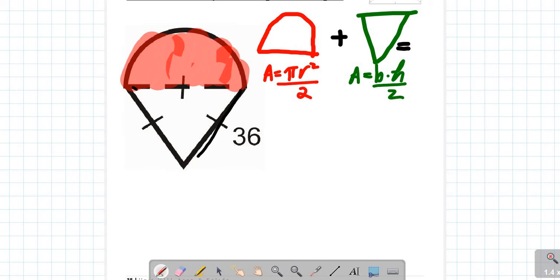If this is 36, what's this side? 36. What's this? Okay, great. Got it? Now, I'd like you to trace from the center to the edge. What is that? Okay, so we just found our radius. So our radius right here, we're going to go 18 squared times pi, divide by 2.